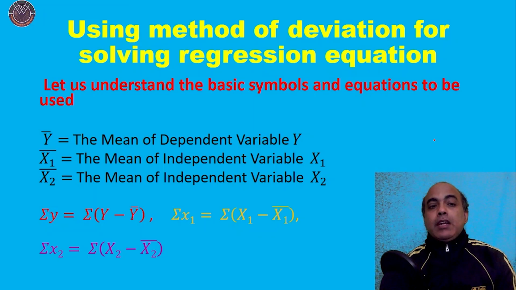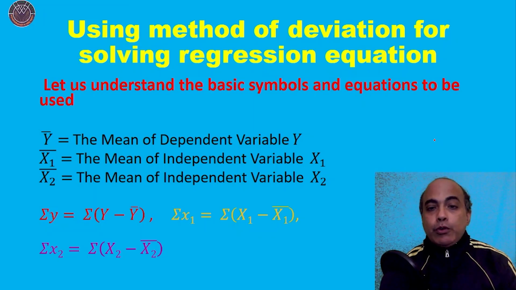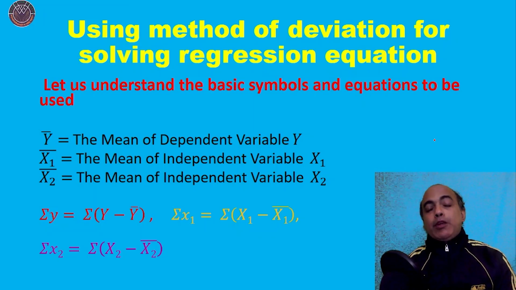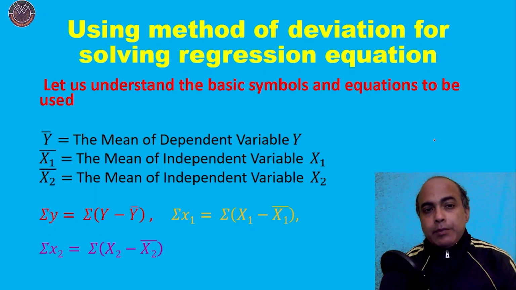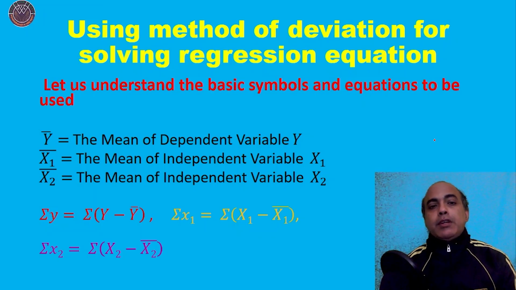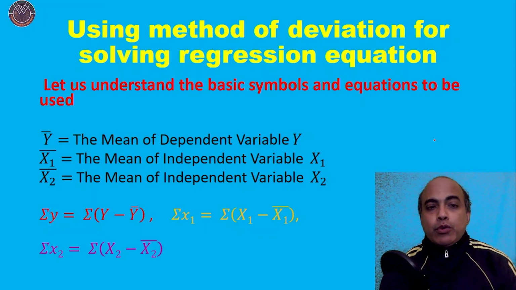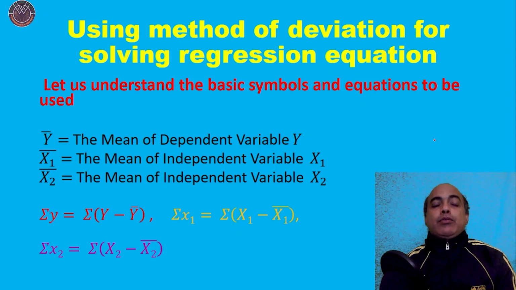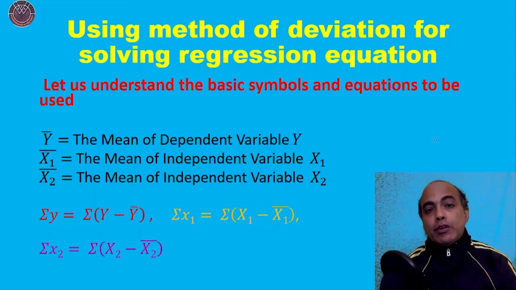So basically I will be using the deviation method. We have used the deviation method whenever we solve for standard deviation, whenever we get the value of the mean, whenever we get the correlation coefficient.